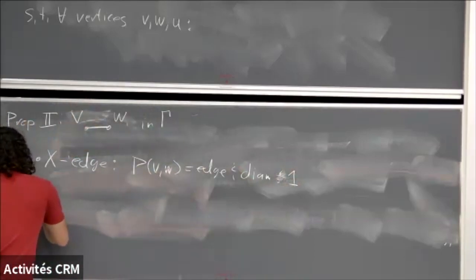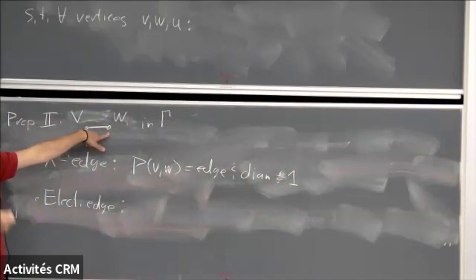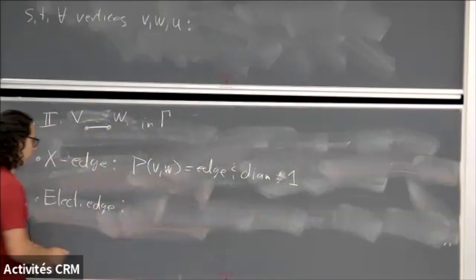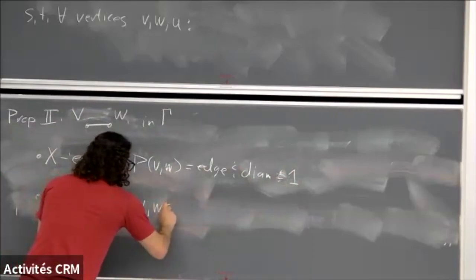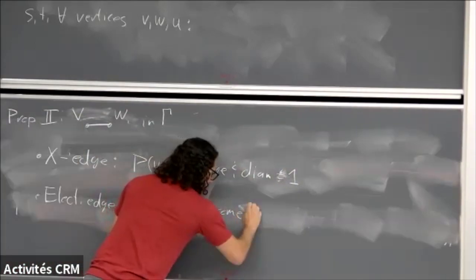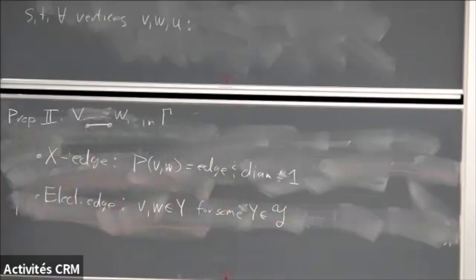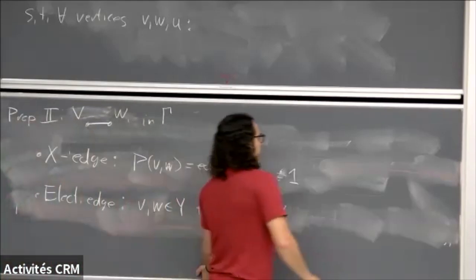The harder case is I have an electrification edge. If V and W are joined by an electrification edge, that means they were in some subset of my collection. So V and W are inside of Y, some Y in my fancy collection. Let me draw the picture.